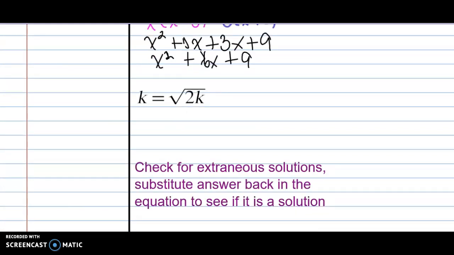Okay, so let's look at our first example where we are trying to solve for k. And so just like before, we want to end up isolating the radical, so we square both sides, and we have then k squared is equal to 2k. I'm going to set the equation equal to 0, so I'm going to move that 2k, since the 2k is positive, we're going to do minus 2k.